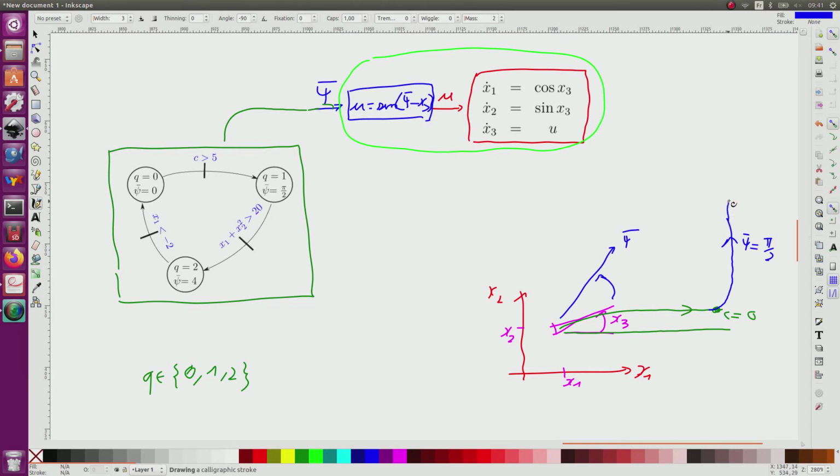Once this condition is satisfied, maybe here, then I will choose another heading which corresponds to 4, and probably I will turn like this, and this corresponds to psi bar equal to 4. And once I will be here, I have a condition which is satisfied: -2. So maybe I will go here, -2 maybe here, and then I will switch to q equals 0, so green, and I will do something like this, and so on.